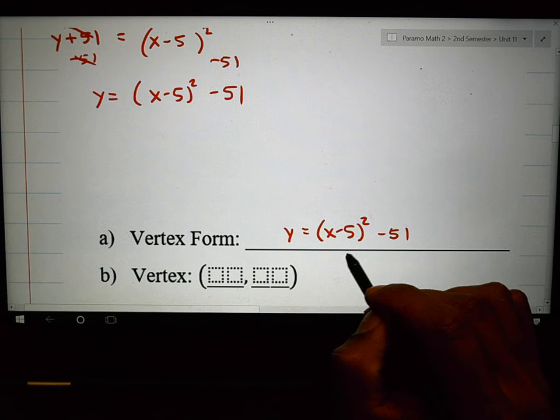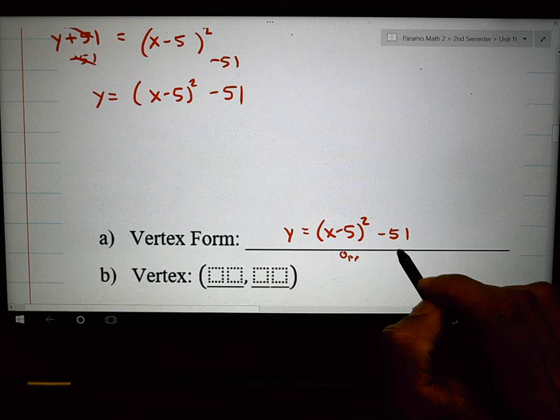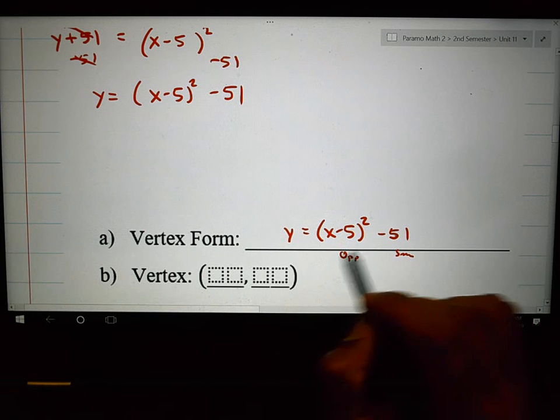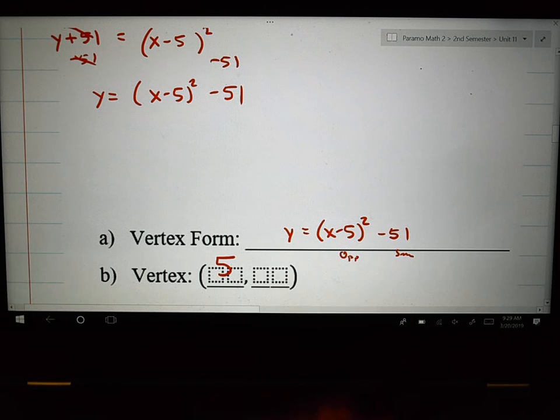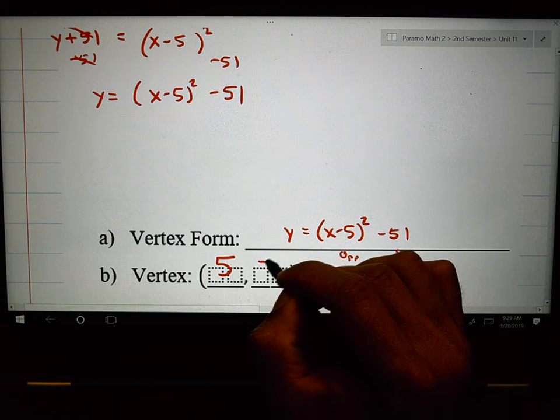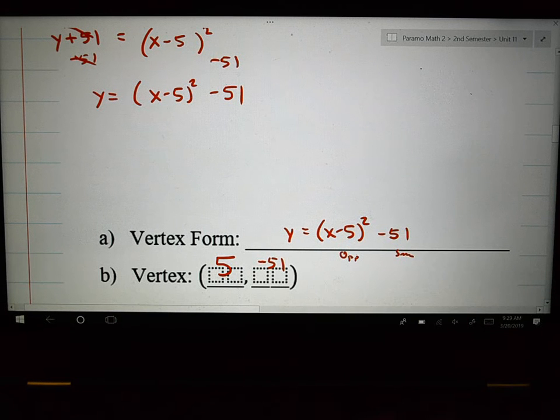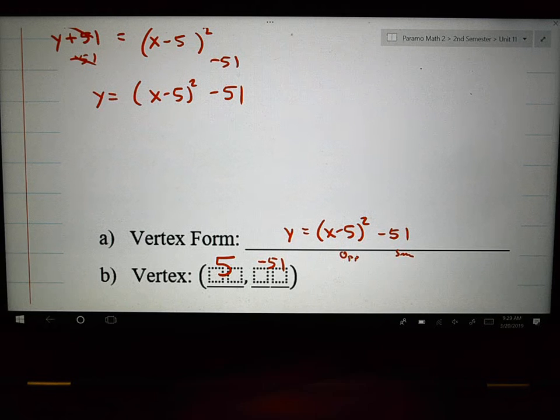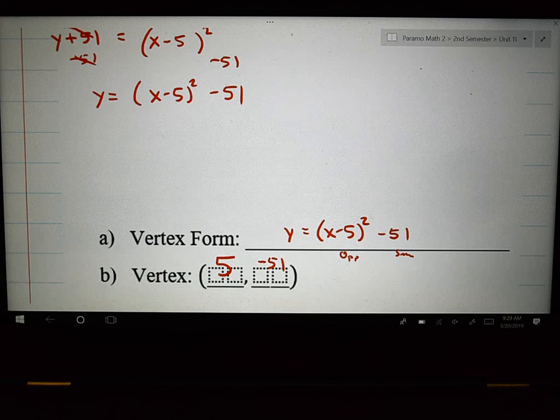Opposite, same. HK. Opposite is a positive 5. Same is a negative 51. And if you understood what we did, it's the same process we did in the first worksheet with this one. The only difference is there's a y value that we have to play around with.